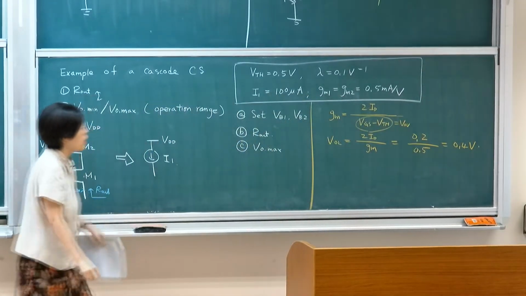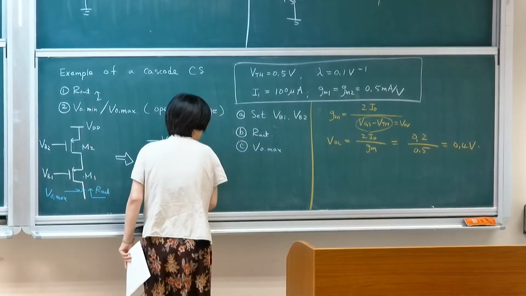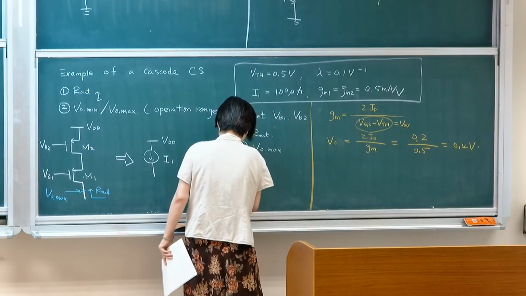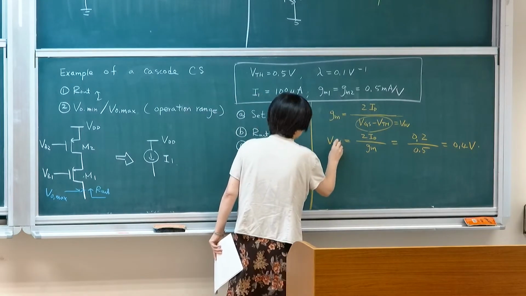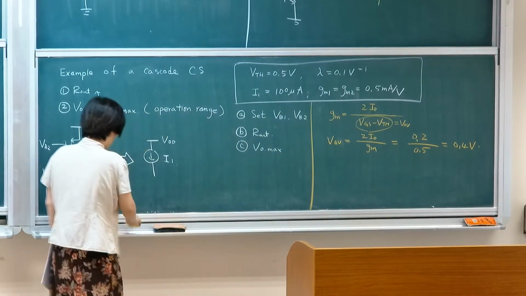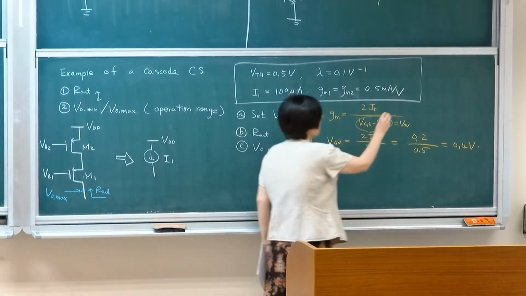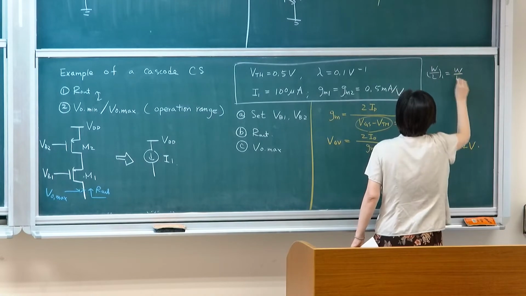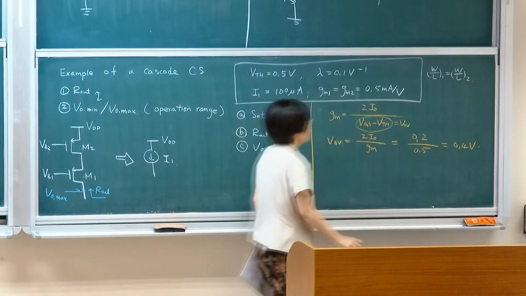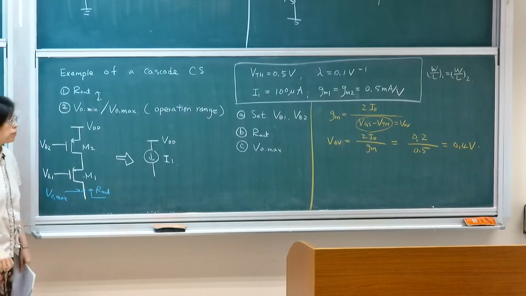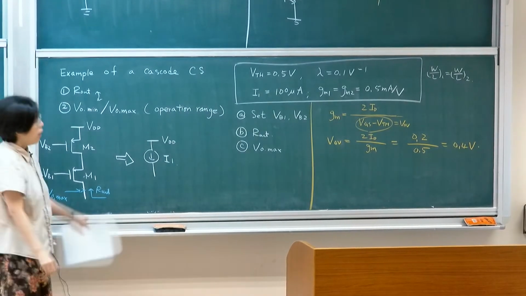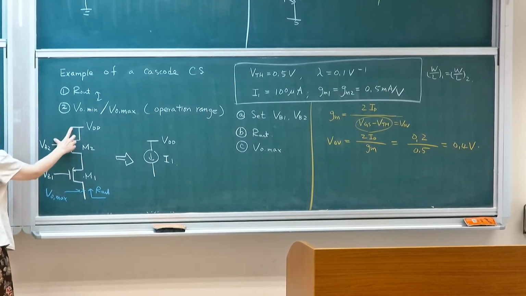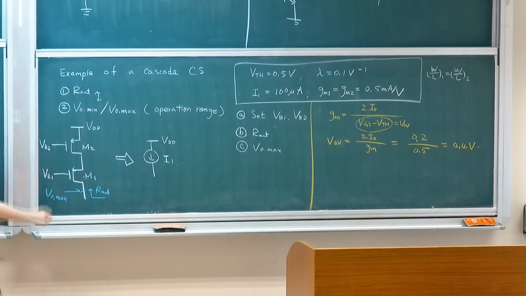In terms of setting up the overdrive for both transistors, we're using identical transistors for now. Assuming that M1 and M2 are identical, let's say W over L1 equals W over L2. Okay? And then this would tell us the voltage, you can set VB2 now.